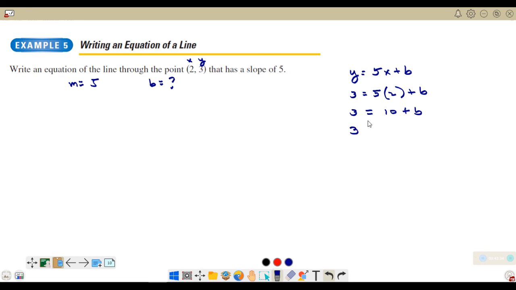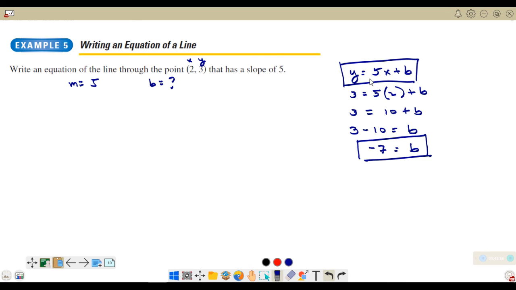b is equal to 3 minus 10. Tama. So, using addition property of equality, 3 minus 10 is negative 7. Ito siya. Okay? Okay. So, sulat na natin yung buo nating equation.